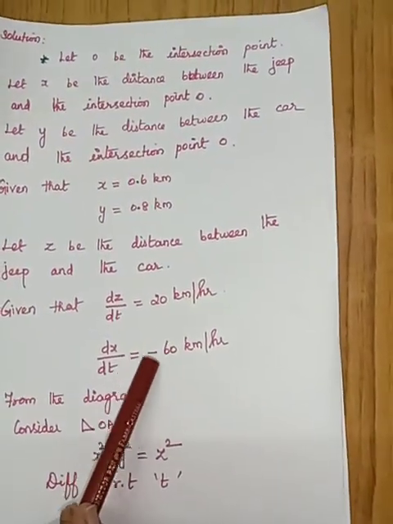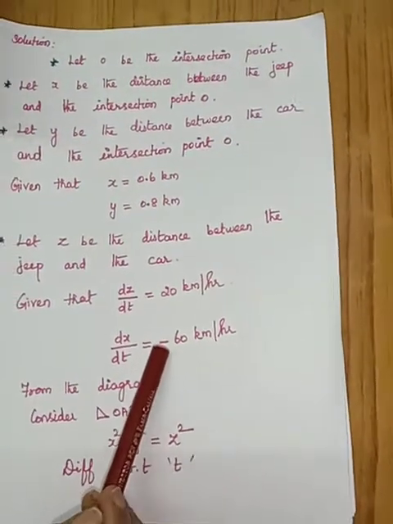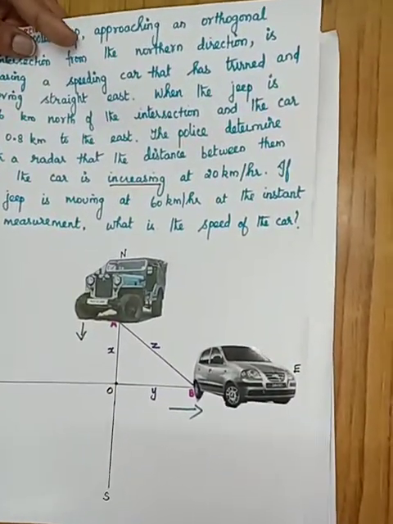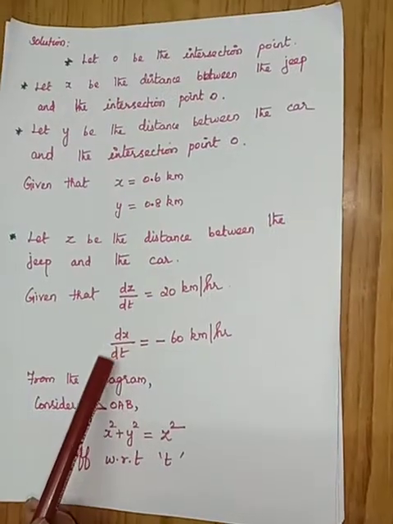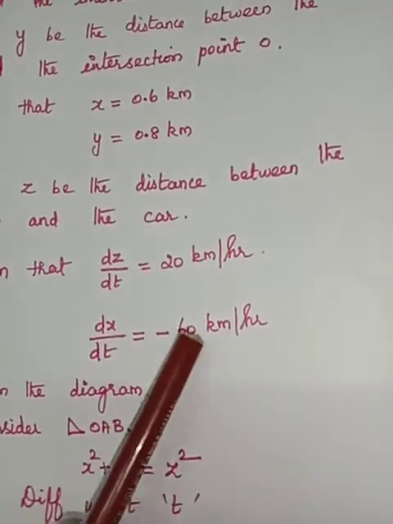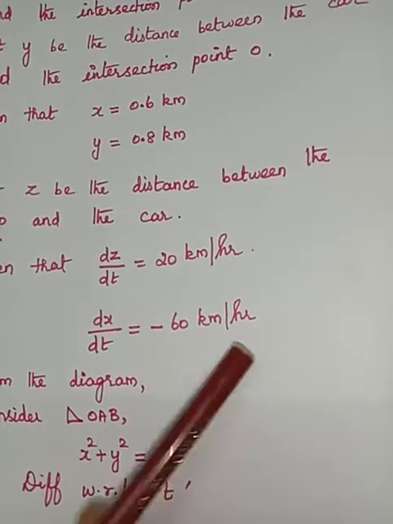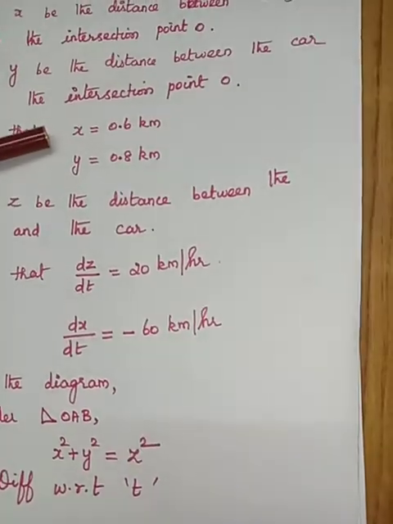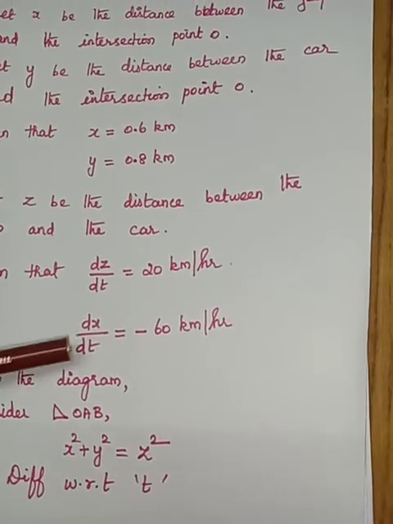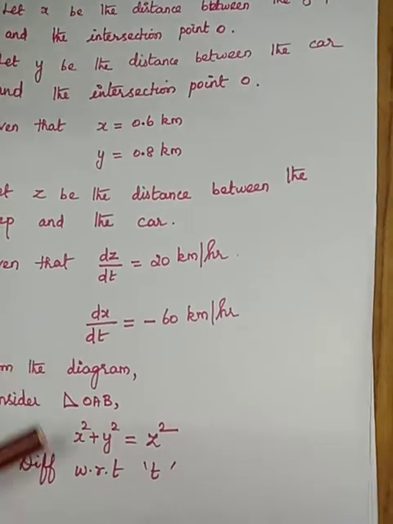This minus sign is important. Why are we using minus? Because the x distance is decreasing with time. So x is given, y is given, dz by dt is given, and dx by dt is given. So what is asked?